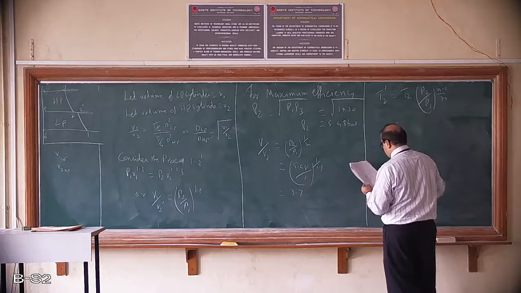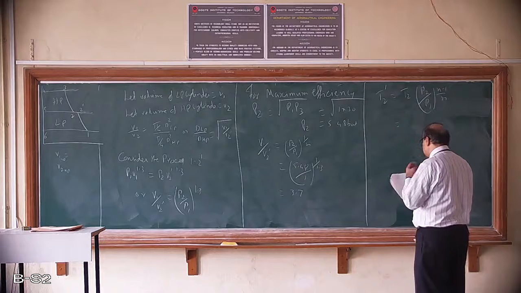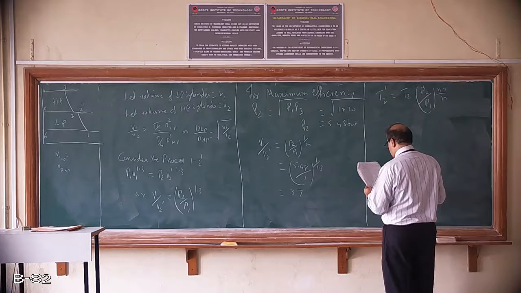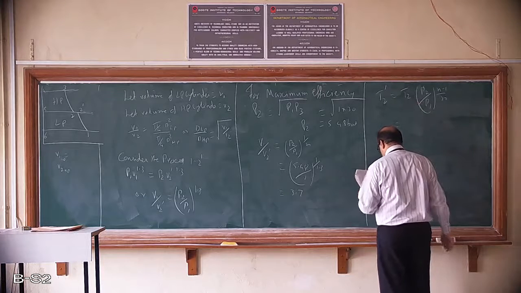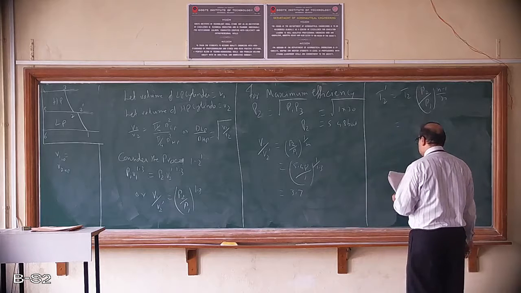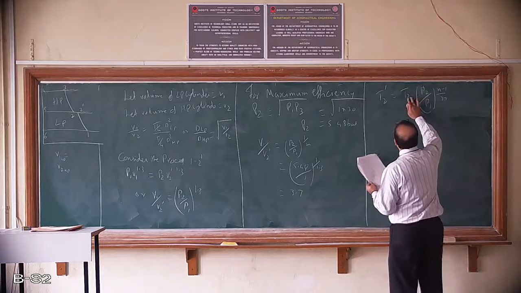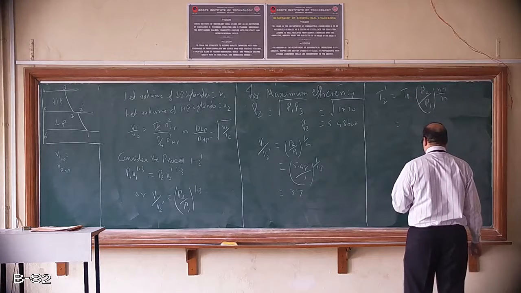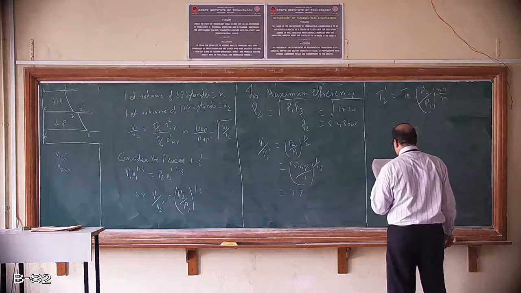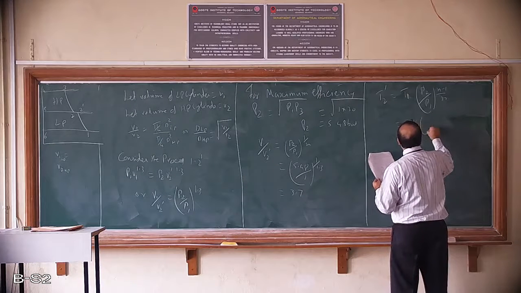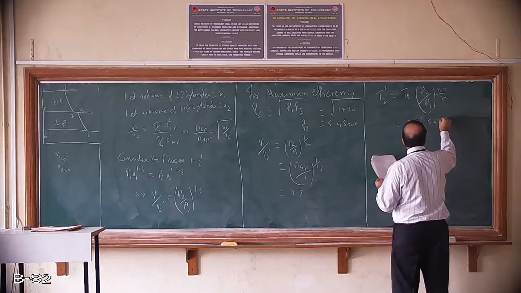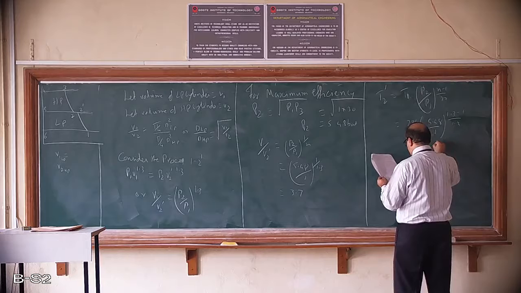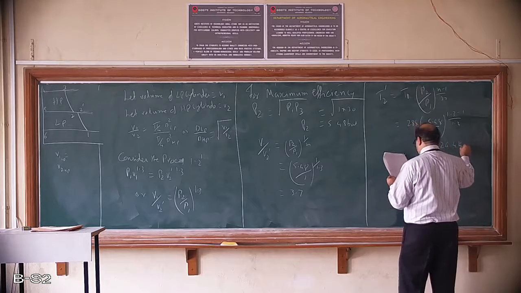So this is 288 into 5.48 divided by 1, to the power of 1.3 minus 1 by 1.3. We get this as 426.4 Kelvin.